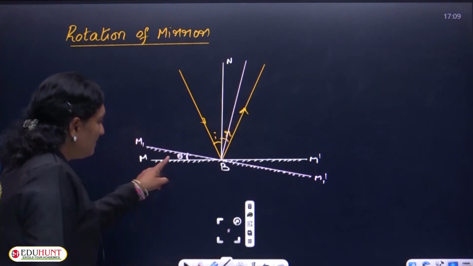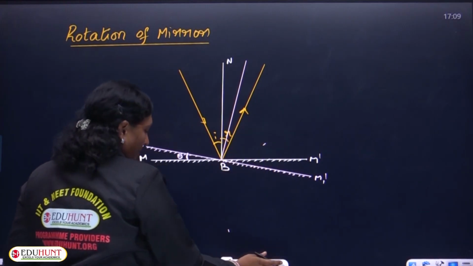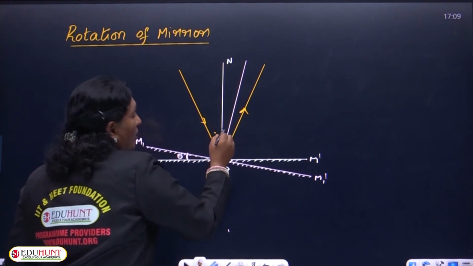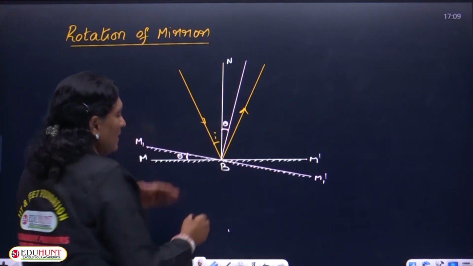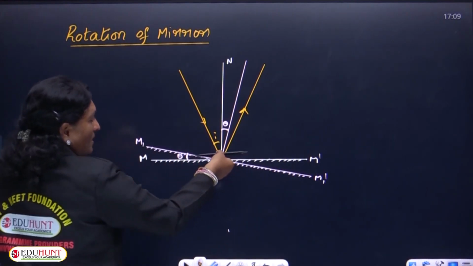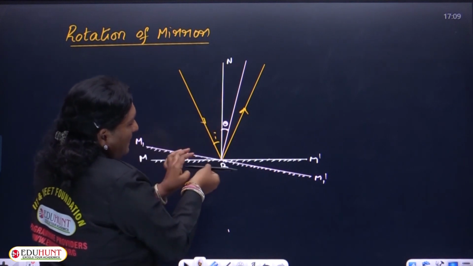That means if the mirror is rotated by an angle theta, then the normal also shifts by an angle theta. This was the original position of the mirror, with its normal perpendicular. This is the new position of the mirror, with its new normal perpendicular.